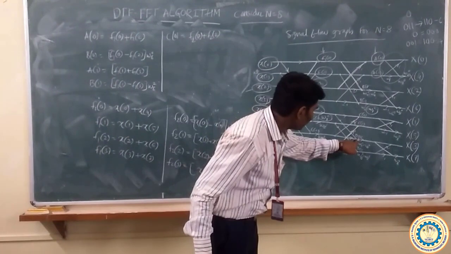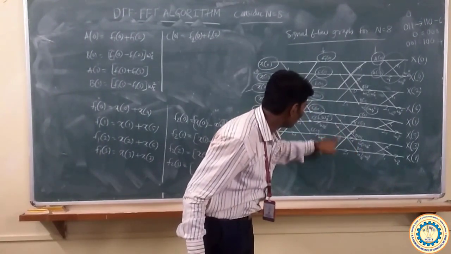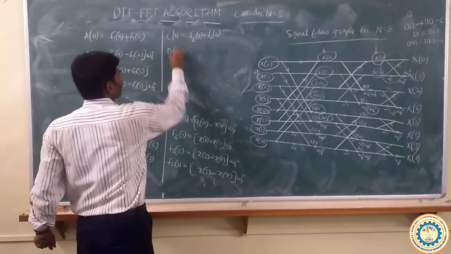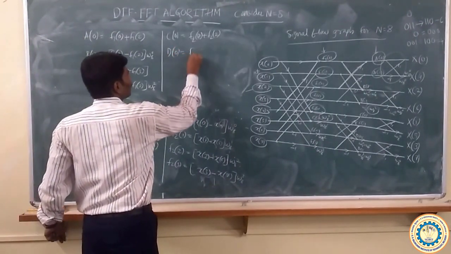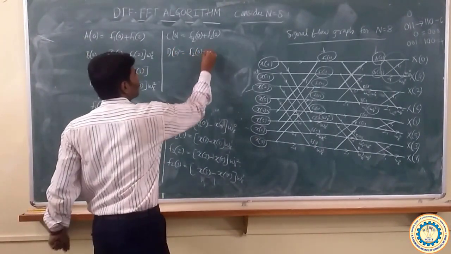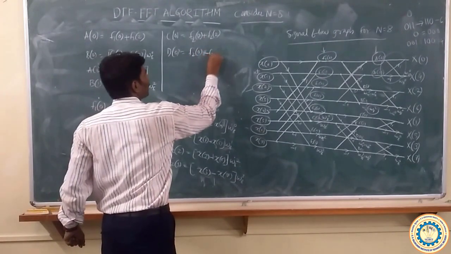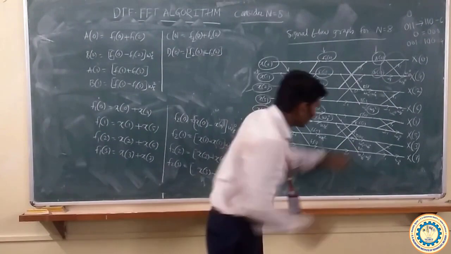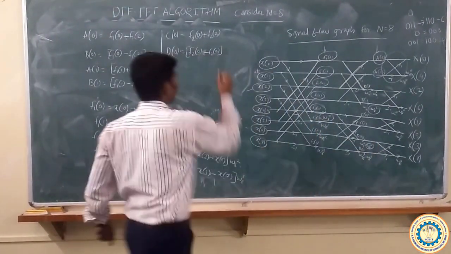Similarly, we will write d of 0. Inputs are the same. f2 of 0 minus f2 of 2, multiplied with the middle factor w8 0.